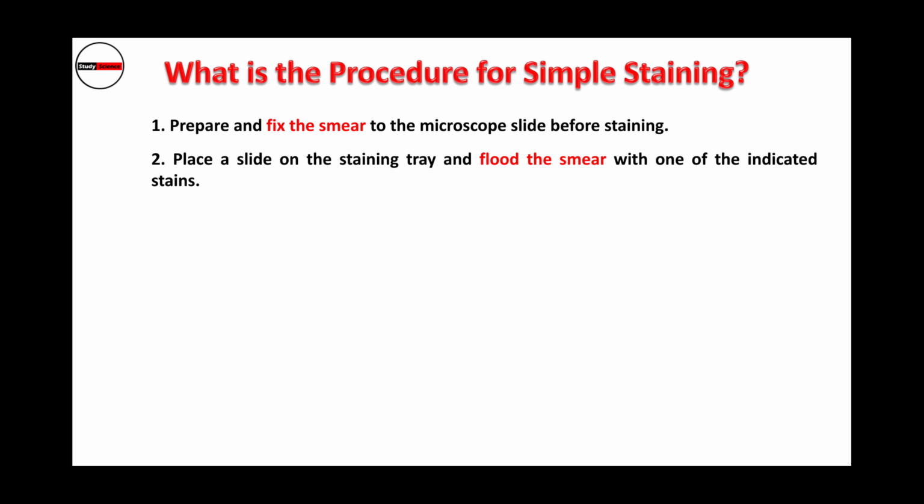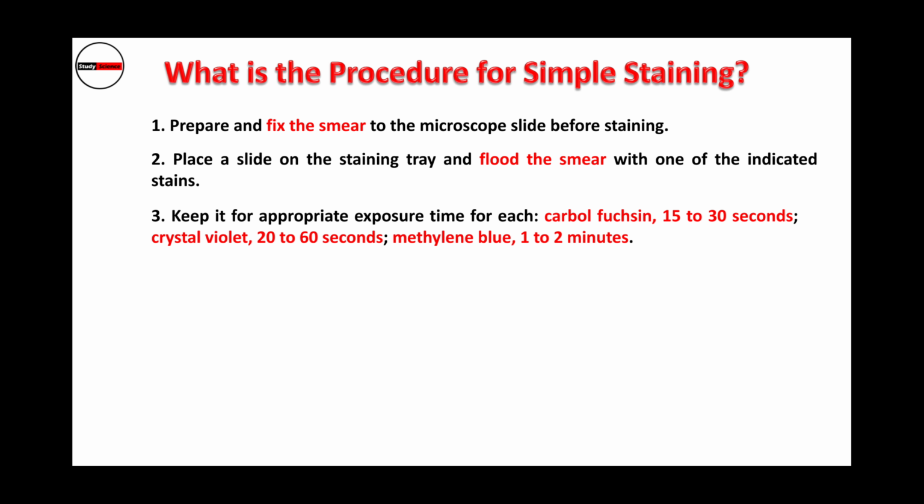Whichever is available, you can use that stain. Keep it for the appropriate exposure time for each. For carbol fuchsin, keep the slide for 15 to 30 seconds. For crystal violet, keep the slide for 20 to 60 seconds. And for methylene blue, keep the slide for 1 to 2 minutes.